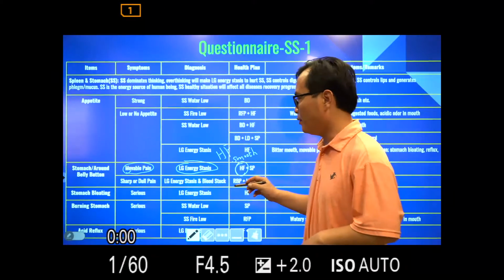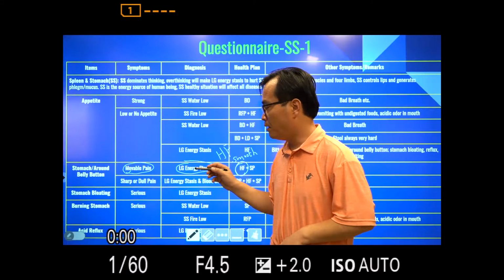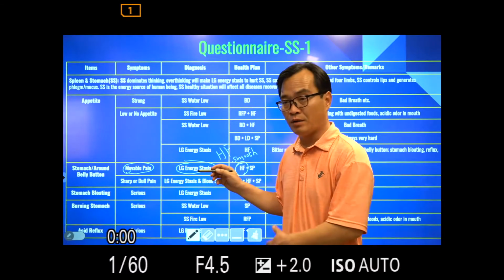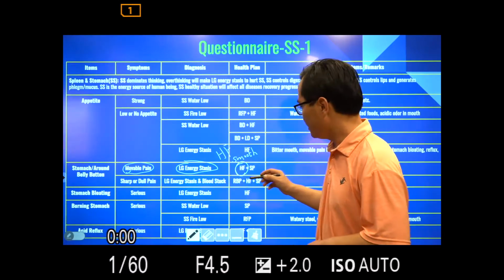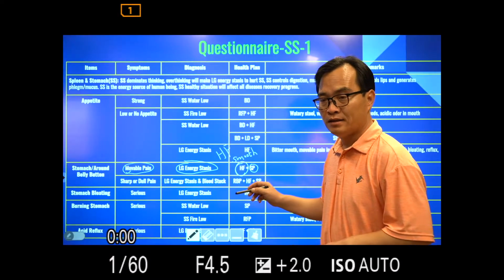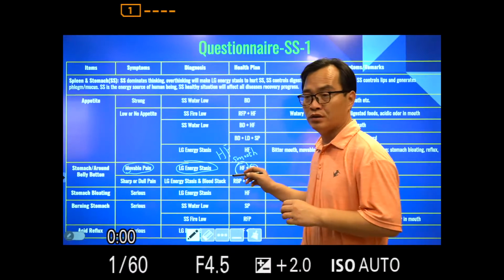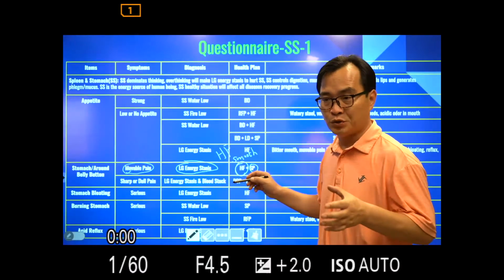Generally, if people have pain in the stomach or around the belly button, we need the stomach plus to combine. Why do we need to combine the stomach plus? Because we need to make the system strong.